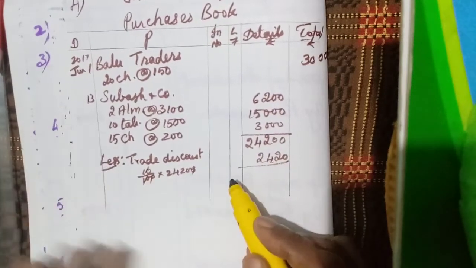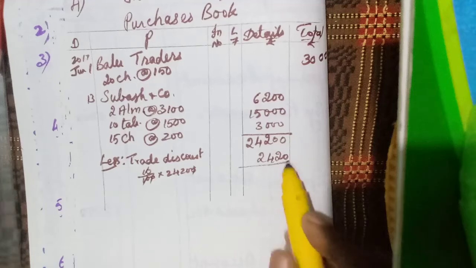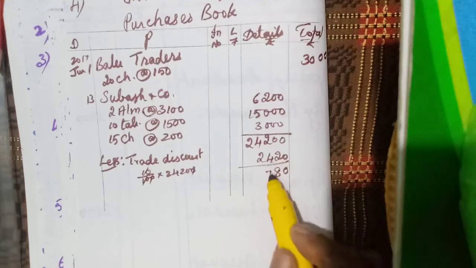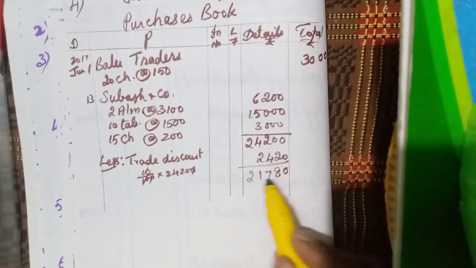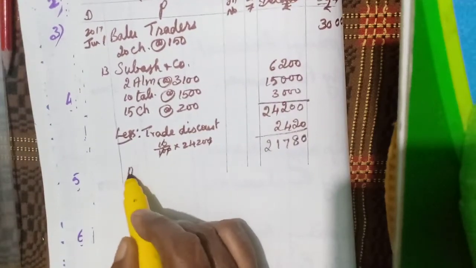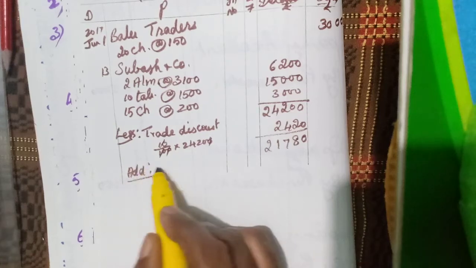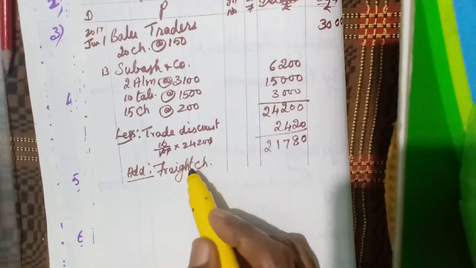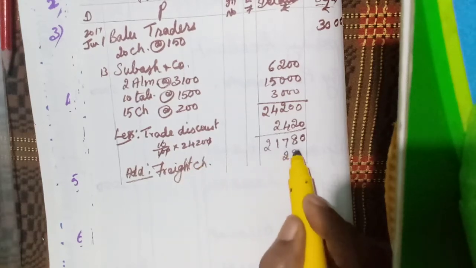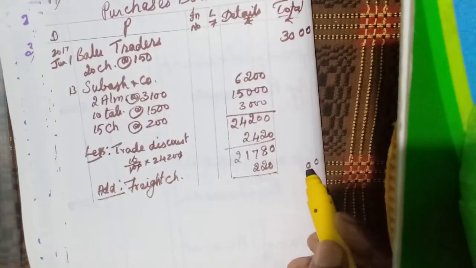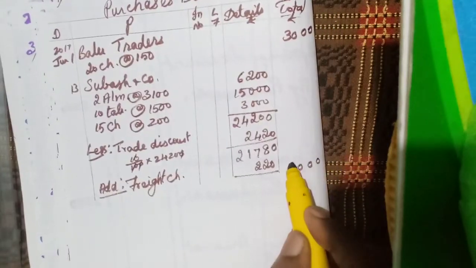No need to calculate this one. 10 minus 2, 8. 11 minus 4, 7. 3 minus 2, 1. 21,780. Now, freight charges 220. Now you add and write here 0, 10, 10, balance 1.